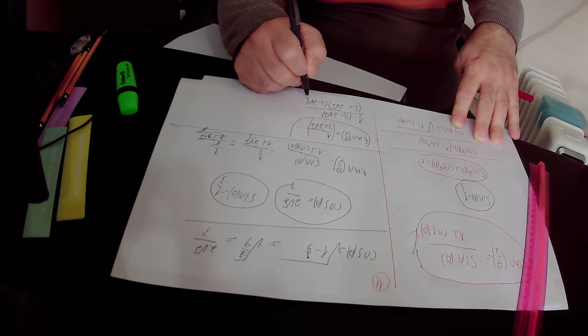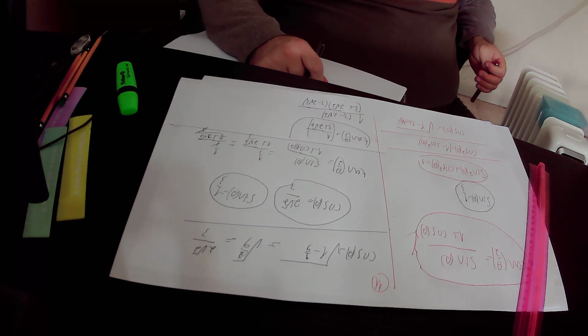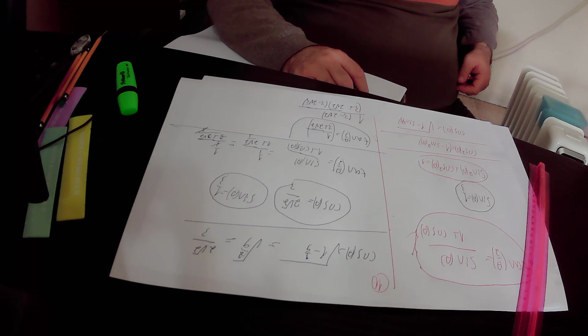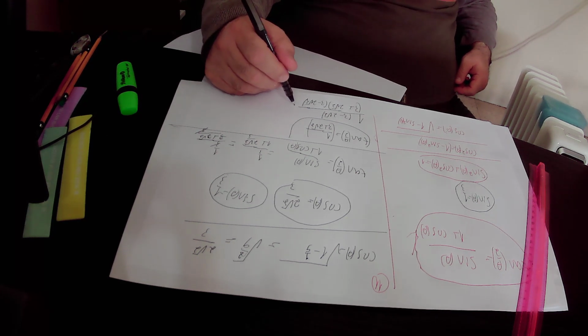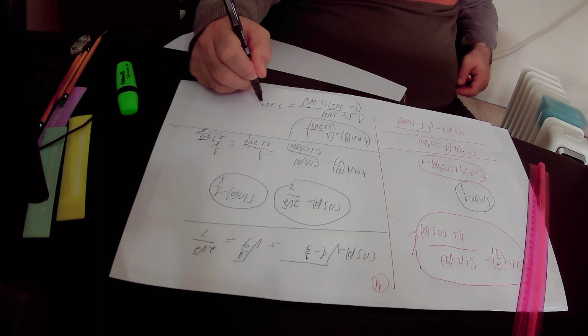It is allowable to multiply and divide anything by 1, and this expression equals 1. So we multiply this expression by 1, and we get 3 minus 2 times square root of 2.